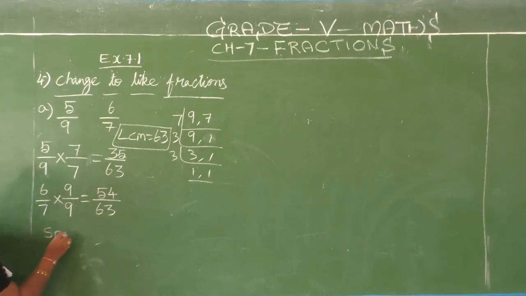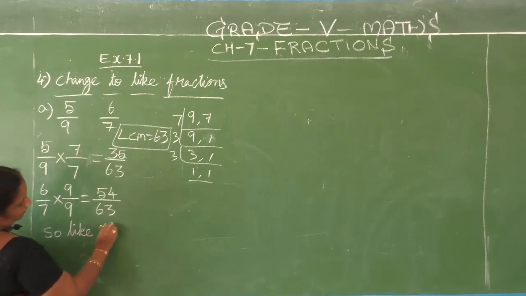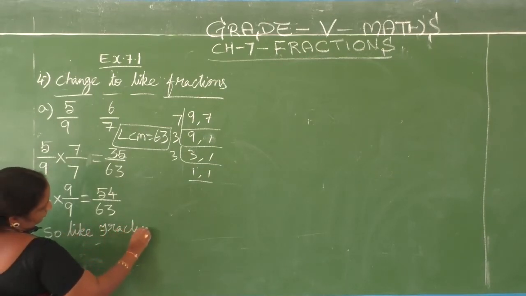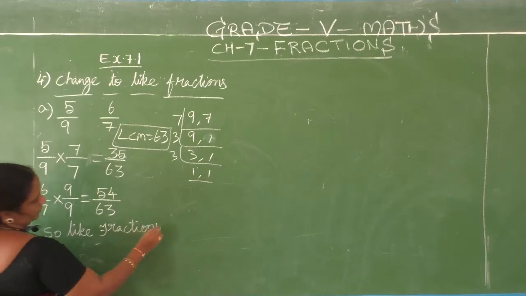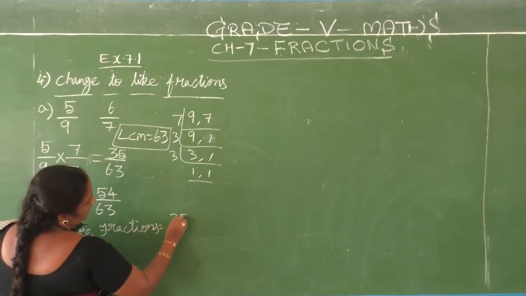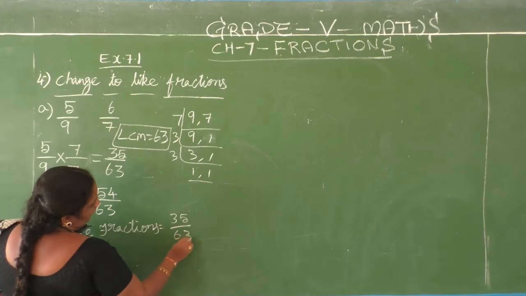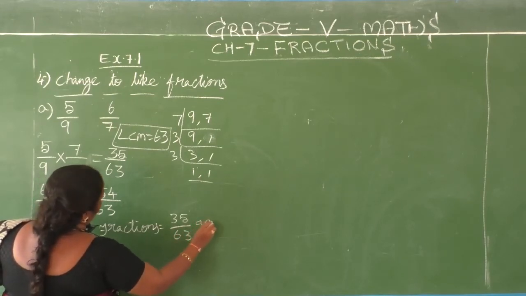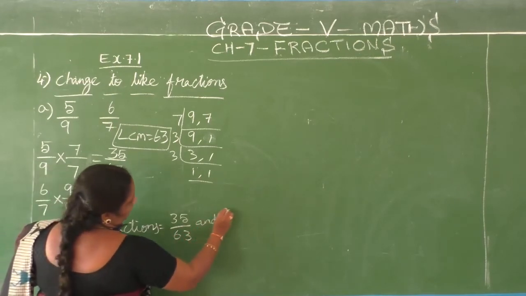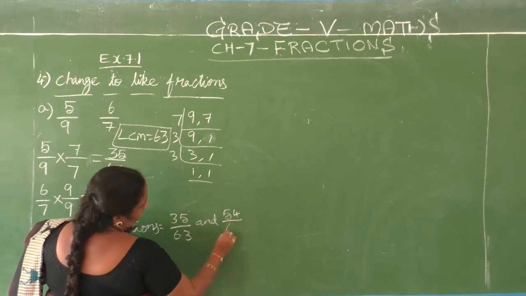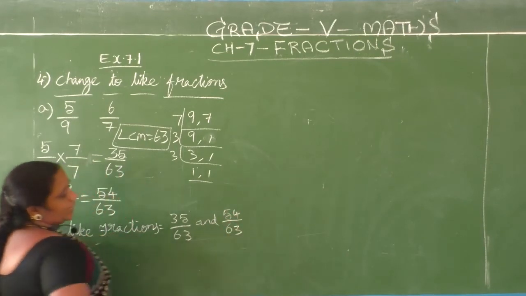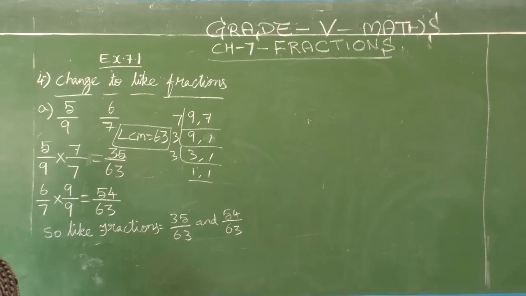So like fractions are 35 by 63 and 54 by 63. Now both denominators are the same. That means they are like fractions. Okay.